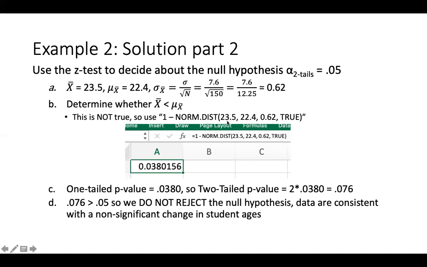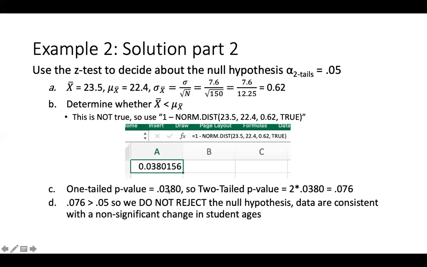So again, note what we type in. x bar goes first, 23.5. Mu goes next, 22.4. Standard error goes in as sigma, not 7.6, but 0.62. And then TRUE is always there, so we get cumulative. So if you do this correctly, you should get 0.038 as your one-tailed p-value.